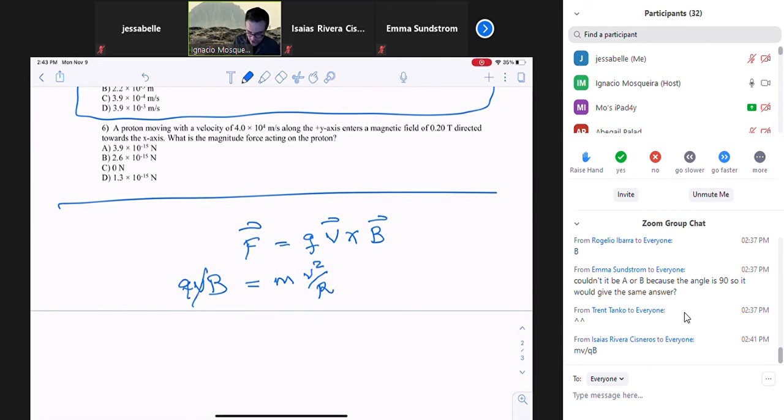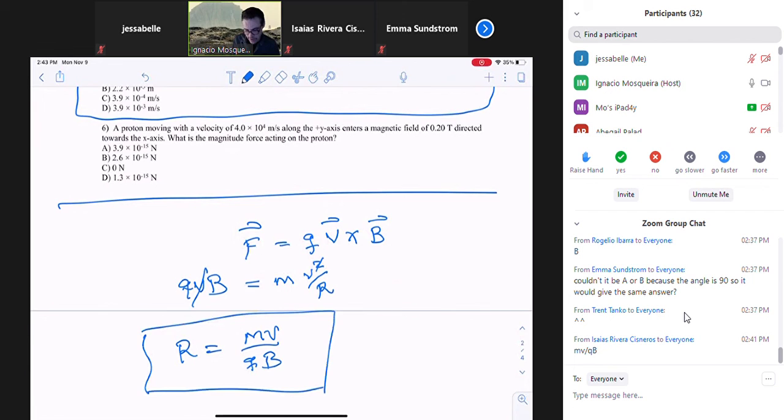And then you just solve for r. The v cancels, I move the r to the other side, and I get mv over qB, just like he has. At that point, it's just plugging in the numbers. This came from the acceleration of a particle moving in a circle, centripetal acceleration, like in Physics 50.